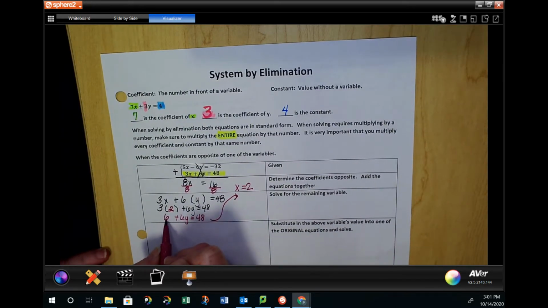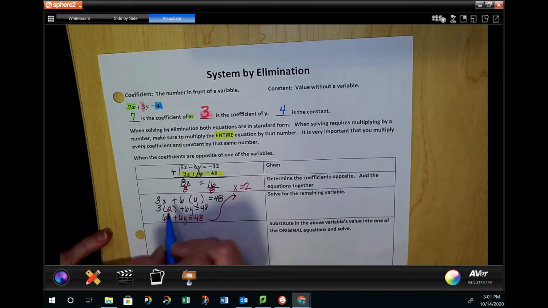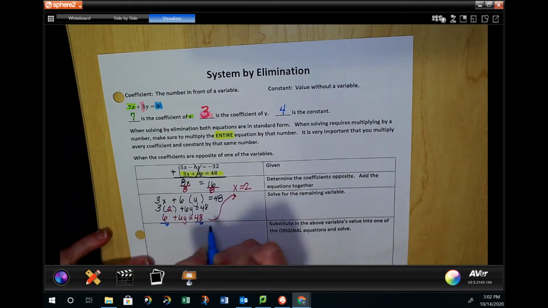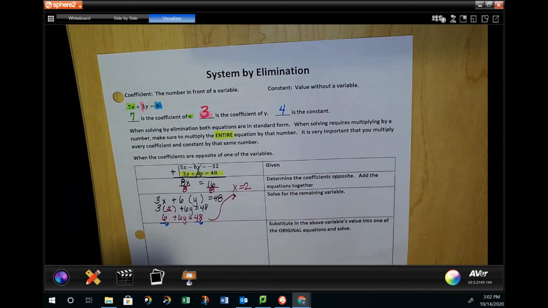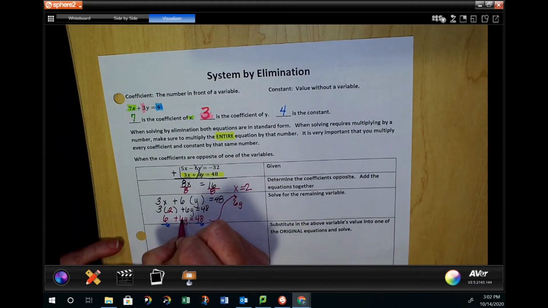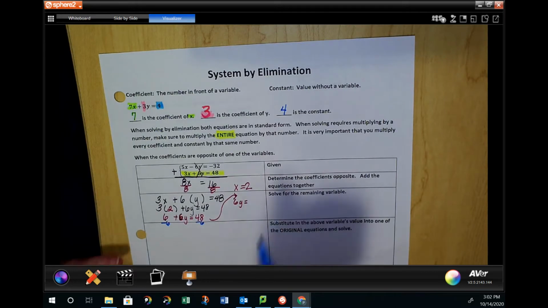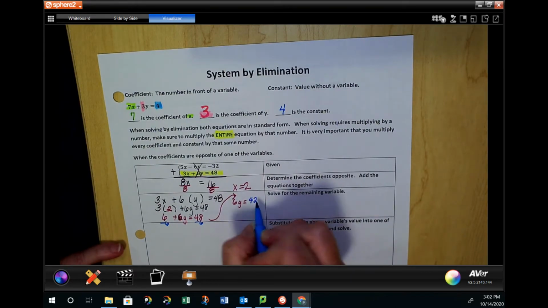I'm going to move this 6 to the other side, so I'm going to subtract 6 from both sides. Now that 6y is going to equal 48 minus 6, which is 42.